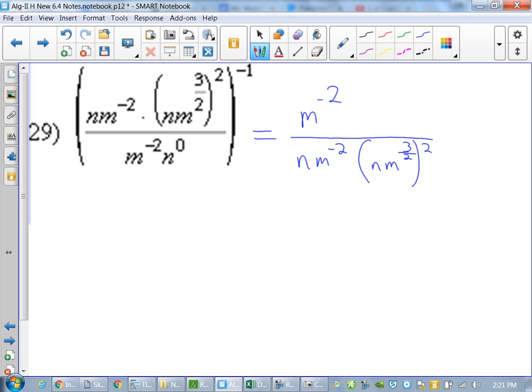And why did I not write down n to the 0? Because it's 1. Now look at it closely. I have m to the -2 in the numerator and m to the -2 in the denominator. What happens? They cancel out. They become a pair of 1.